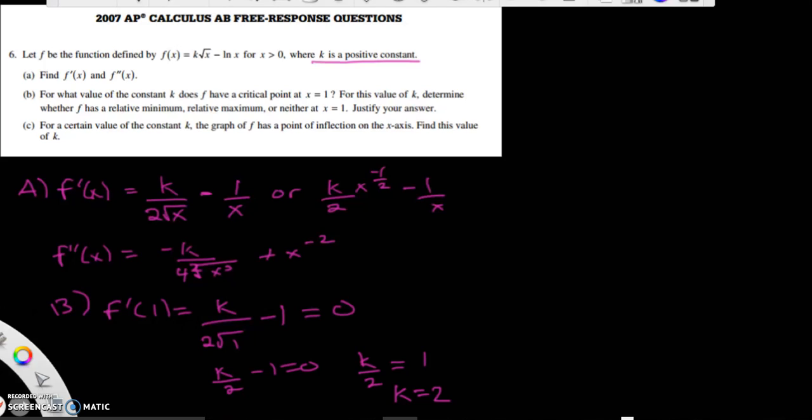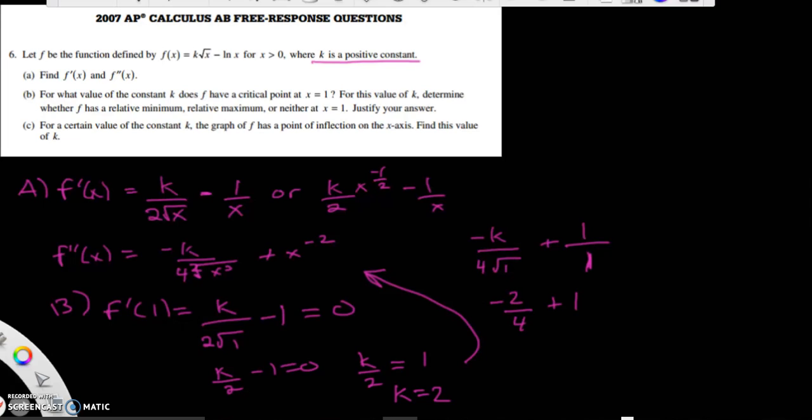Now, if we know this, we're going to go back in here and use the second derivative test. So now we have negative k over 4 root of 1 plus 1 over 1, and we are basically seeing if it's positive or negative. Plug in the value for k. So now we got 2, right? If we plug in 2, we get negative 2 over 4 plus 1. And now we're going to get positive, right?